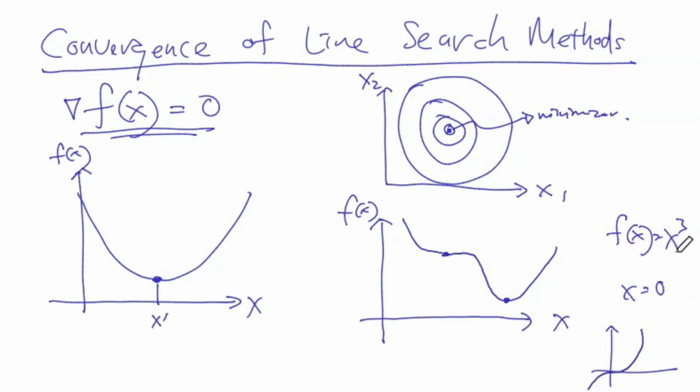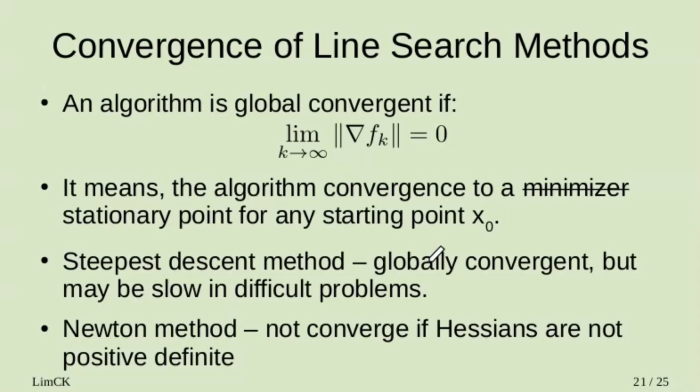For f(s) equal to s cubed, you see this point, (0, 0), is a point where the gradient is 0, but it's not a minimizer, right? So we converge when we reach a minimizer or we reach a saddle point. This is what I mentioned here.